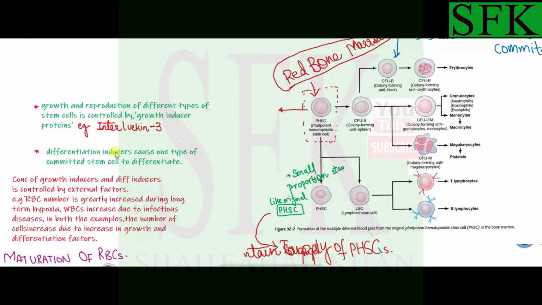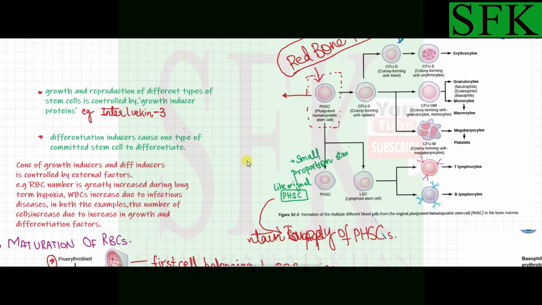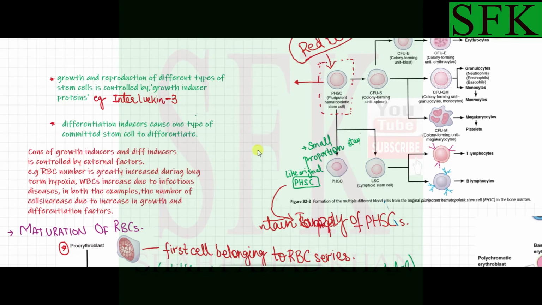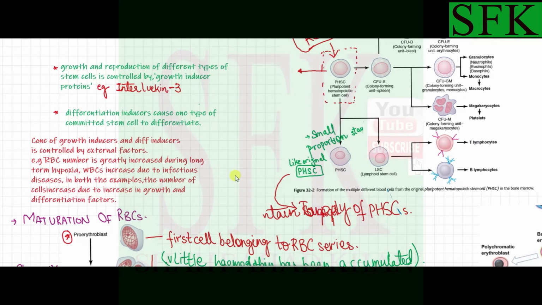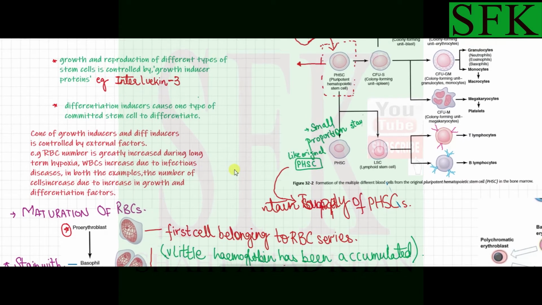Differentiation is controlled by differentiation factors, differentiation inducers. The growth inducers only control the growth and reproduction. An example is interleukin 3. Interleukin 3 is an example of a growth inducer, whereas differentiation inducers differentiate a certain committed stem cell and cause it to form its final differentiated form.